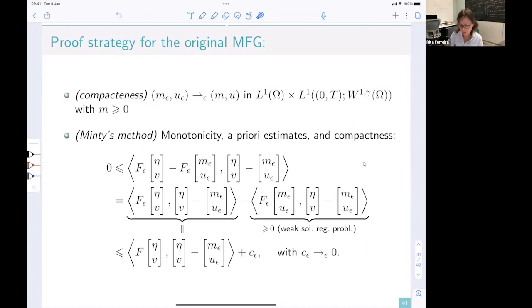You remember there was this MG, so we are going to have this bounded. And so this is how we get compactness for M epsilon, and for U epsilon, we have bounds in L1, W1, gamma, and so we have a candidate for weak solutions. So now how do we put everything together?